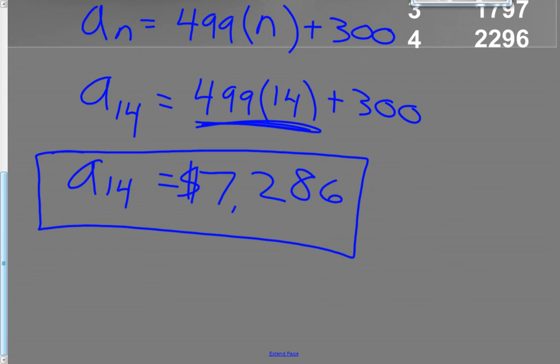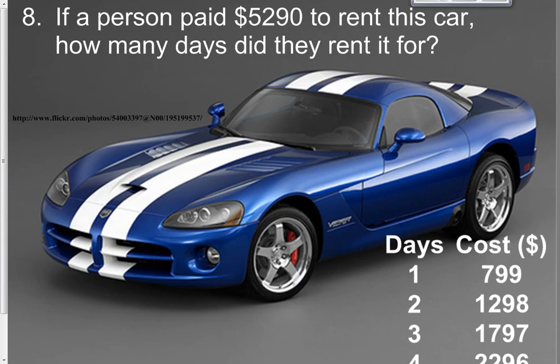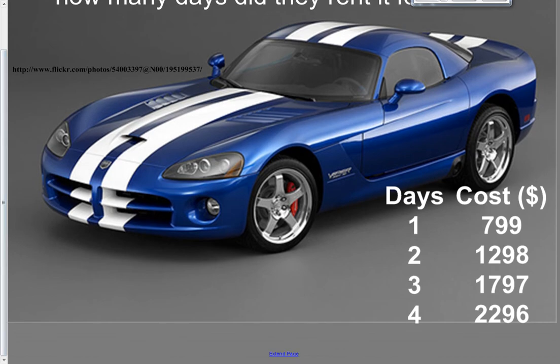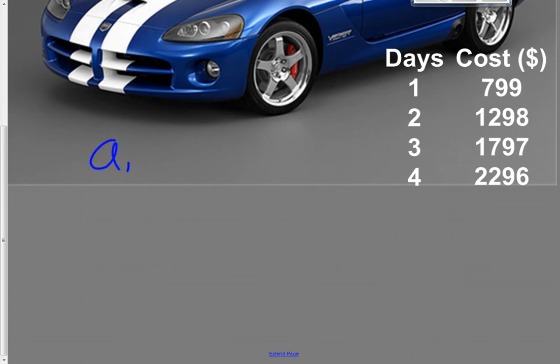Let's now look at problem number 8. If a person paid $52.90 to rent this car, how many days did he rent it for? Well, in our formula, a sub n equals 4.99n plus 3. I know the value of the last day.